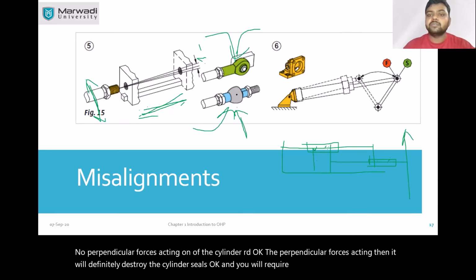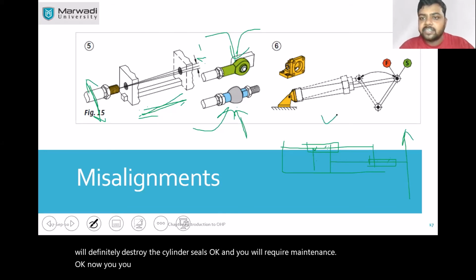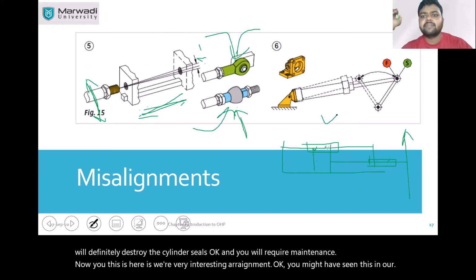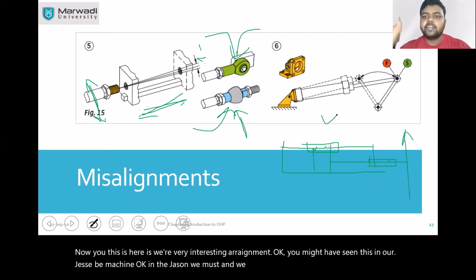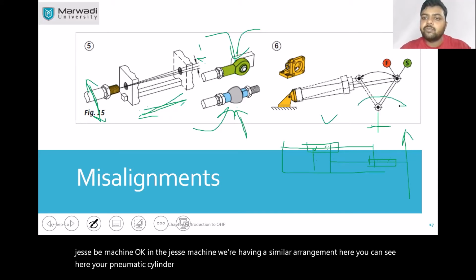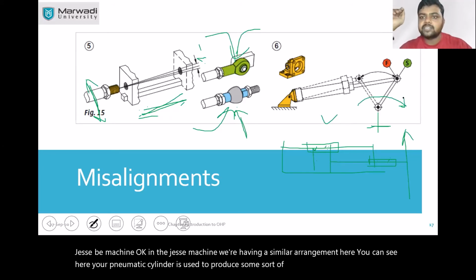Now you see, here is a very interesting arrangement. You might have seen this in our JCB machine; in the JCB machine we have a similar arrangement. Here you can see your pneumatic cylinder is used to produce some sort of torque. Now, a pneumatic cylinder can only produce a linear motion, right?